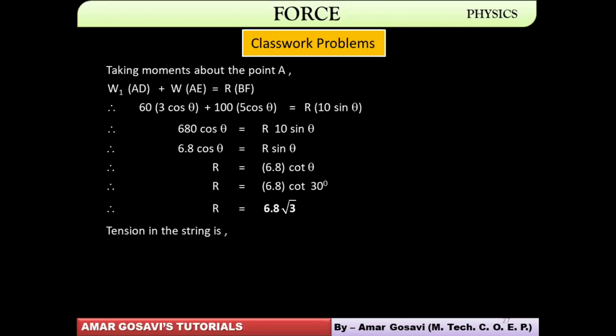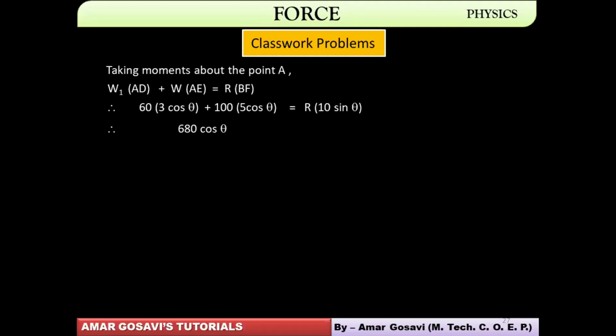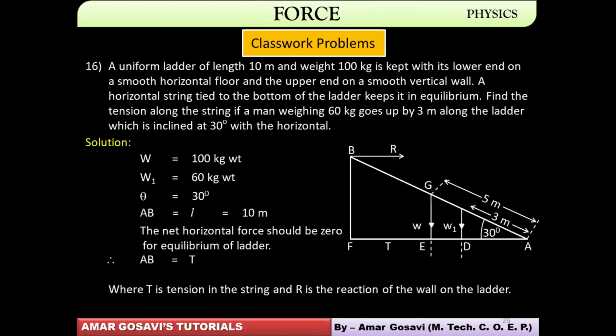Now when we talk about tension in the string, obviously tension should be equal to R. Let's get back to the original diagram, friends. Whatever is the reaction offered by the wall is countered by the tension in the string.